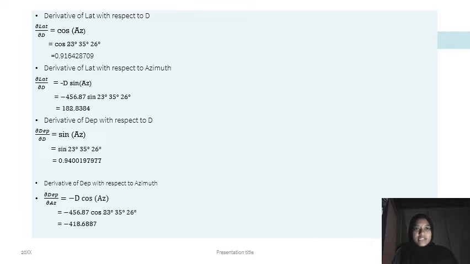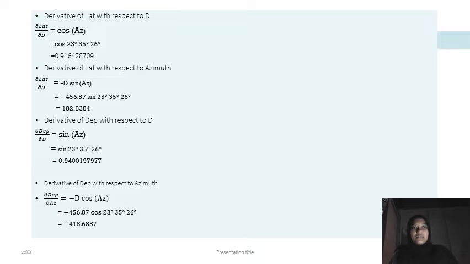Okay, for the first step is the derivative of lat with respect to d. Partial derivative lat per partial derivative d equals cos azimuth. For the cos of 23 degrees, 35 minutes and 26 seconds, the answer is 0.916428709.